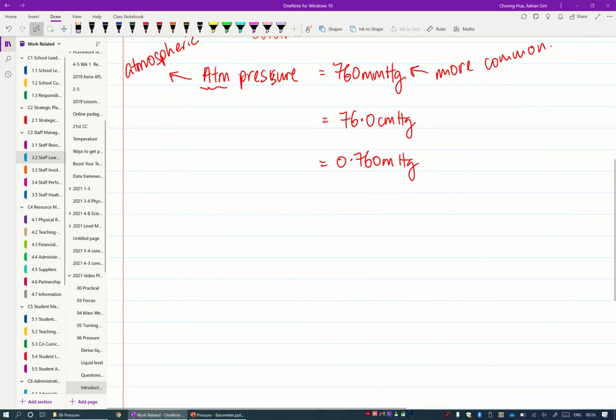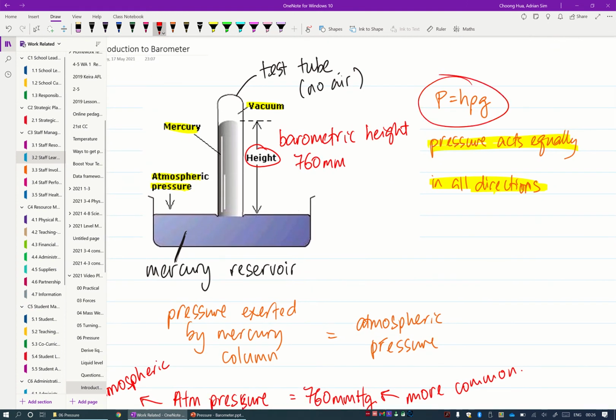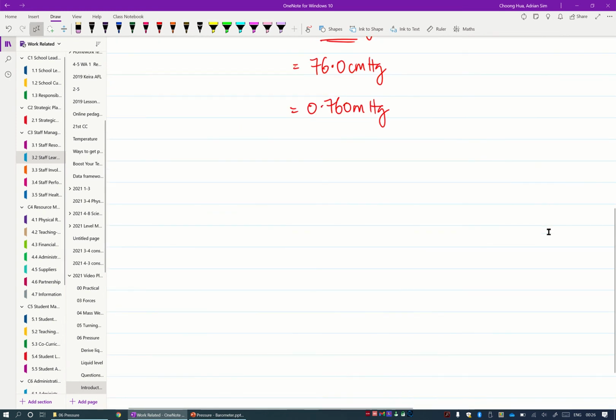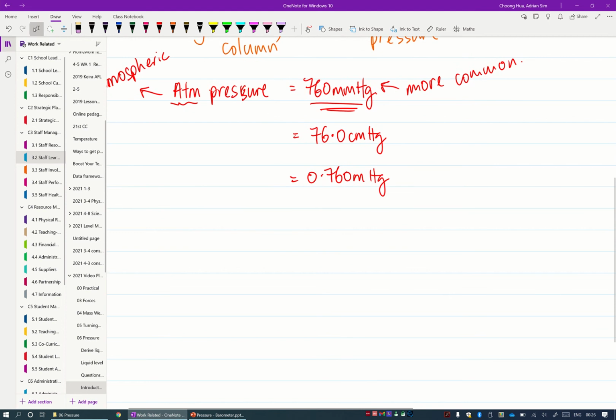Okay, so now I'm going to show you how this 760 mmHg can be used to calculate atmospheric pressure using P equals h rho g. So the vertical height is 760 mm.